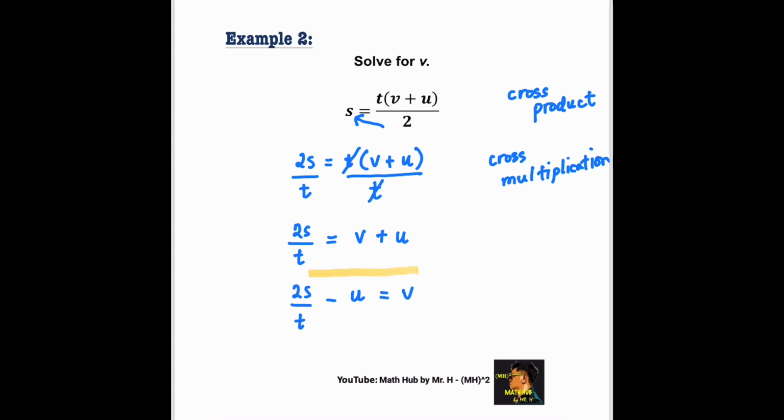And this is the answer. Or maybe some of you are asking if you write it as v equals 2s divided by t minus u, it's the same. Just always remember that when you move a term from left to right or right to left, make sure that you change the sign to the opposite.